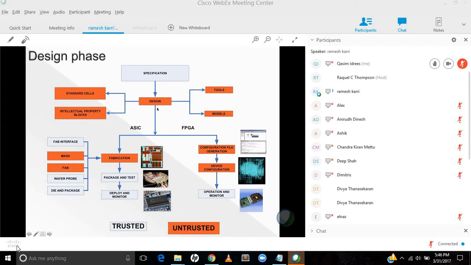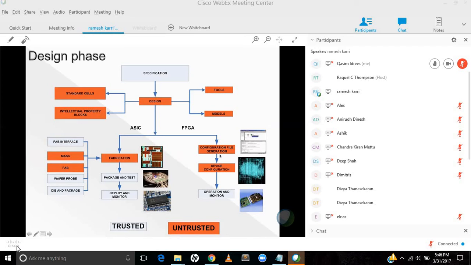If you look at the left hand side, from the design, when you go to synthesis and mapping on an FPGA, it essentially generates a bit file and configures the FPGA. So you could have a malicious bit file replacing a good bit file, and you can misconfigure the device.